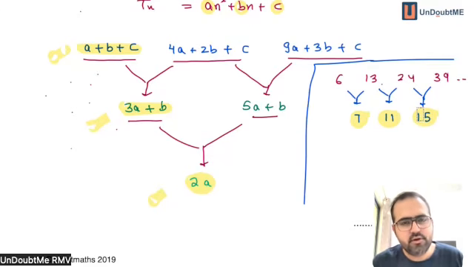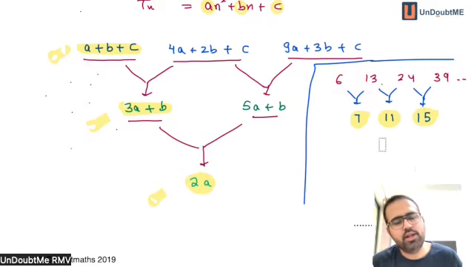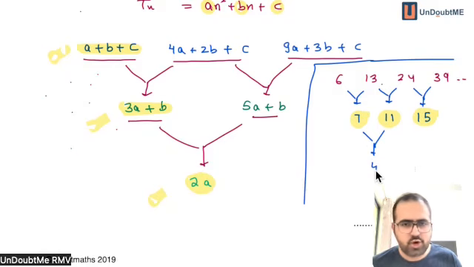Because the first difference of a quadratic sequence will always be a linear sequence, like 7, 11, 15. They all have the same common difference, 4. 11 minus 7 is 4, 15 minus 11 is 4. So it will go on like that, and all the subsequent differences will be 4. I can stop over here.